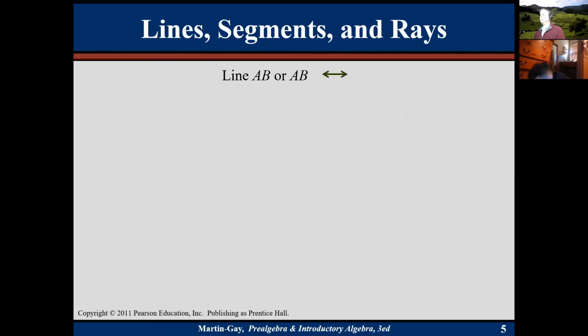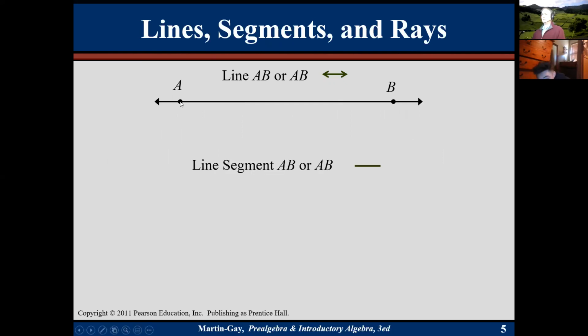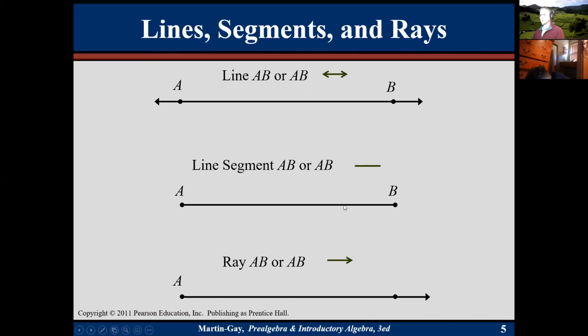Now a line is denoted by the area between 2 points. The line segment AB is all the points that are between A and B, and between any 2 points on a line, there's an infinite number of other points.